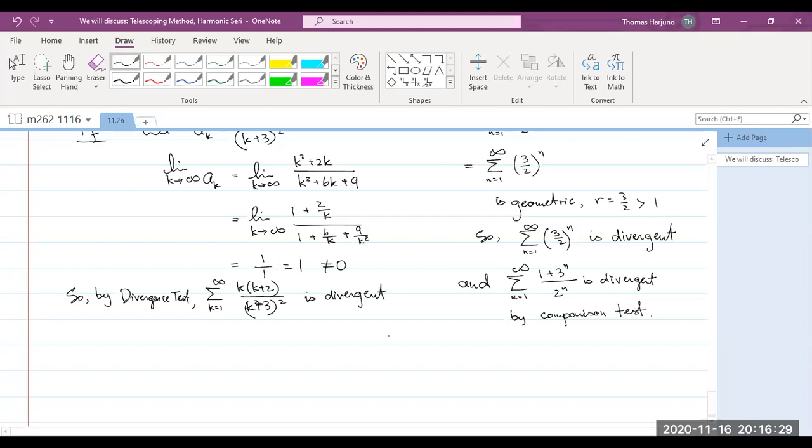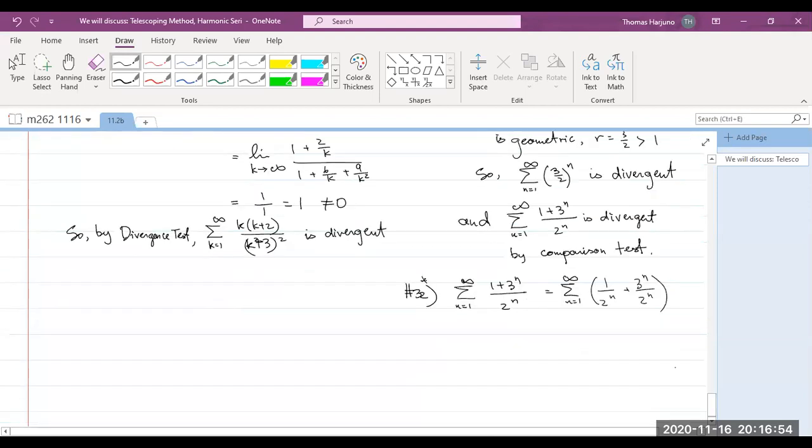Of course, number 32 can also be done by separating them. This is the summation of 1 over 2 to the n plus 3 to the n over 2 to the n. And that is equal to the summation of (1/2) to the n plus the series of (3/2) to the n.